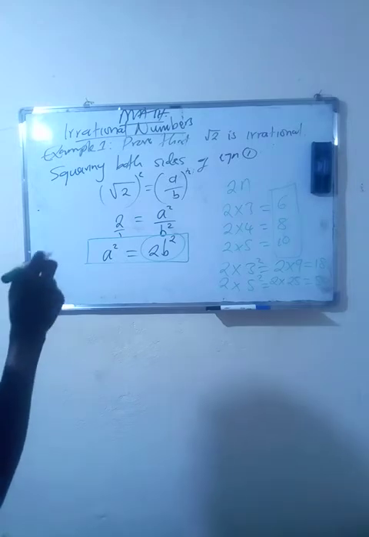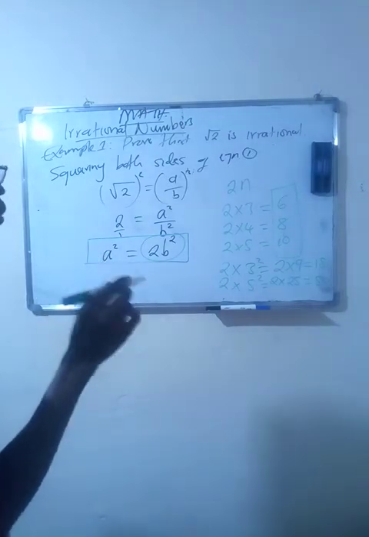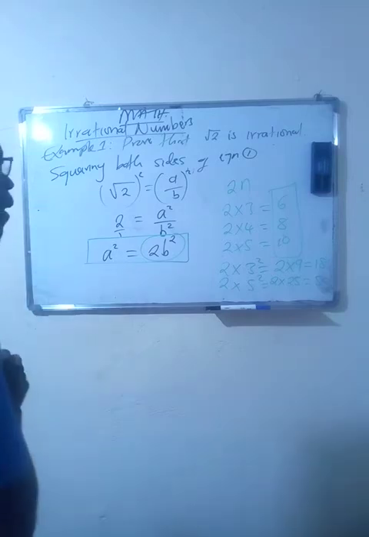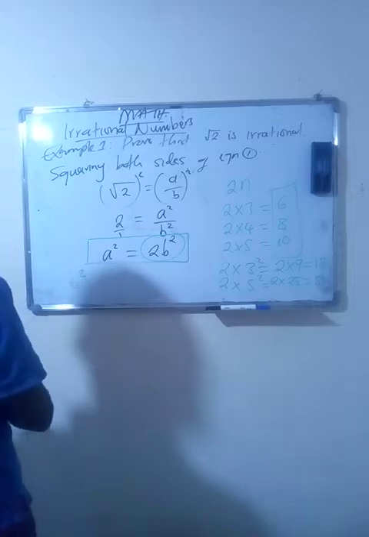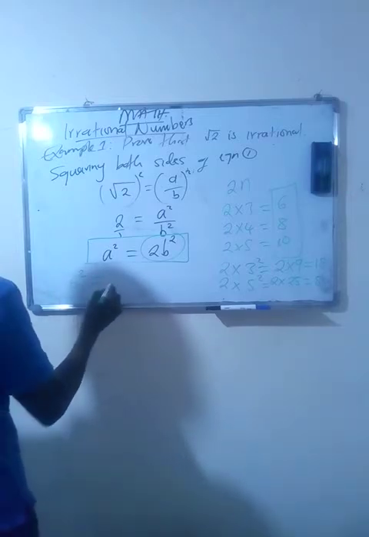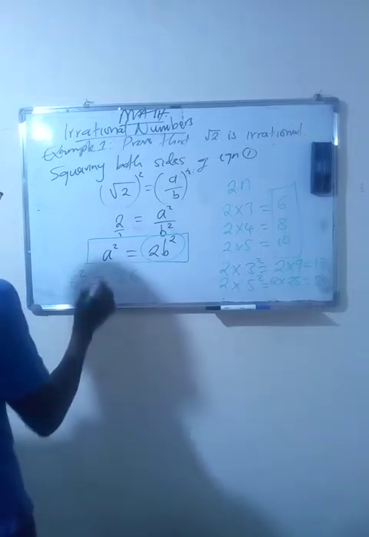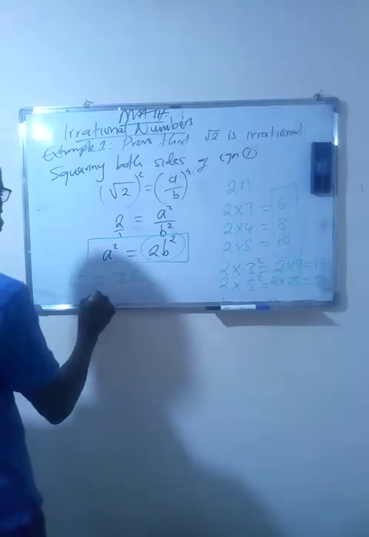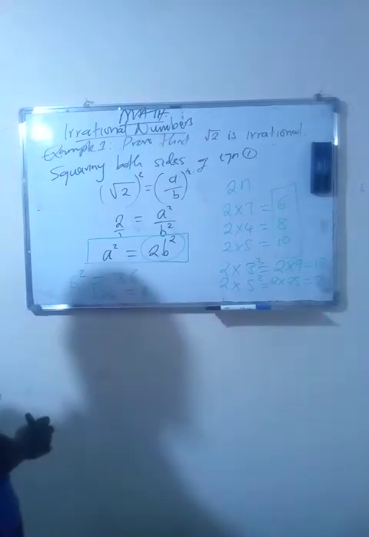The square of an even number is an even number, and so is the square root of an even number. For example, if I say 6 squared, that is going to give us 36. Vice versa, the square root of 36 is going to give us 6, isn't it?